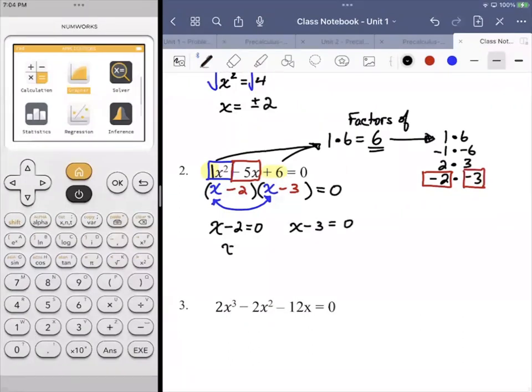Add 2 to both sides, x equals 2. Add 3 to both sides, x equals 3. Put an "or" symbol in there because it's 2 or 3 that satisfy the equation, not just one or the other. Either one of them will get the job done. It's the mathematical use of the word "or" versus what everybody uses the word for in real life.